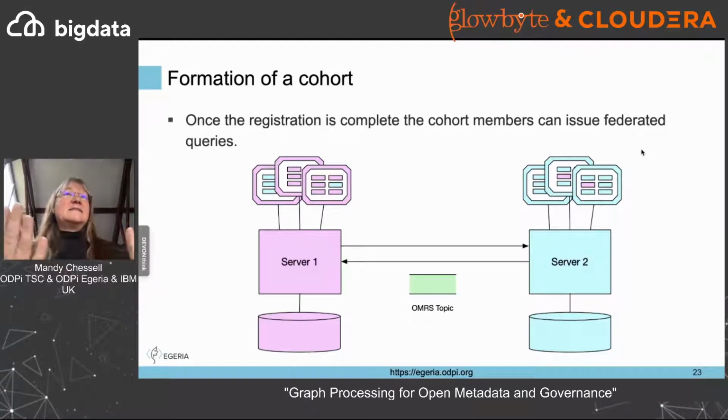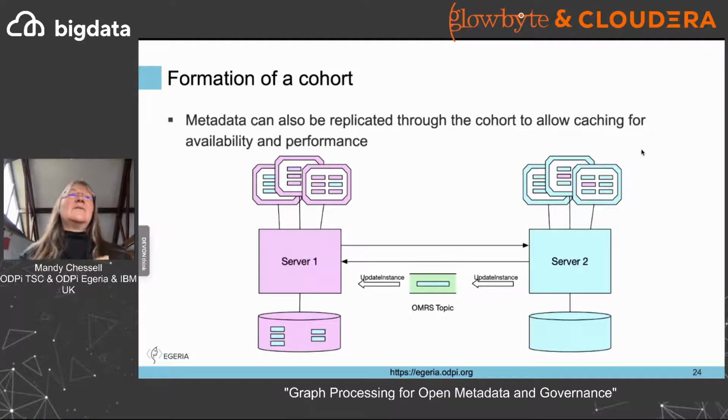You could leave it like that, but because there is some metadata that's used a lot, for performance reasons, we can also, behind the scenes, replicate metadata between the different repositories. This is also very useful if server 1, for example the pink server, doesn't have the capability to issue requests to server 2.